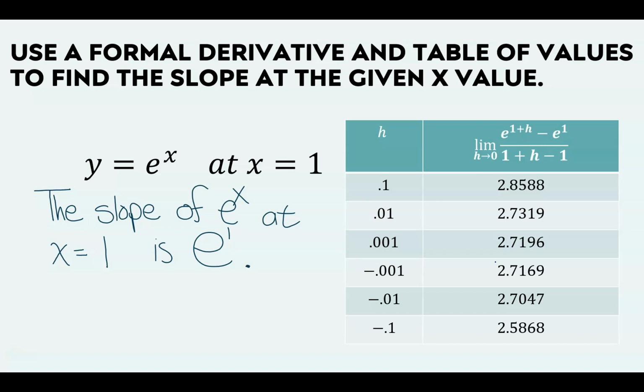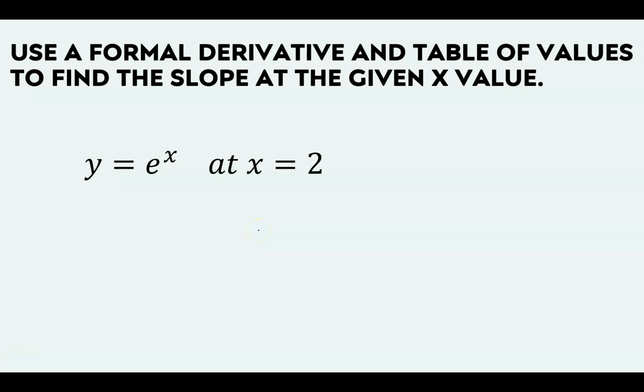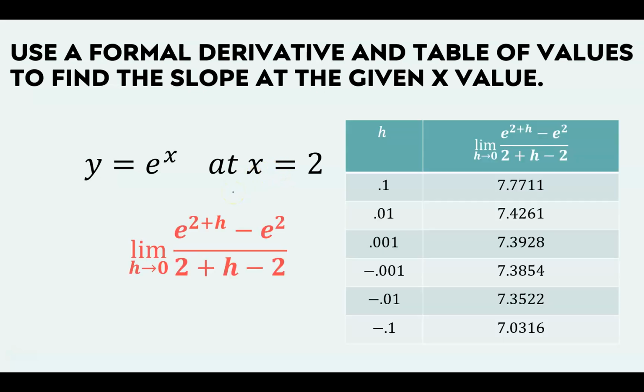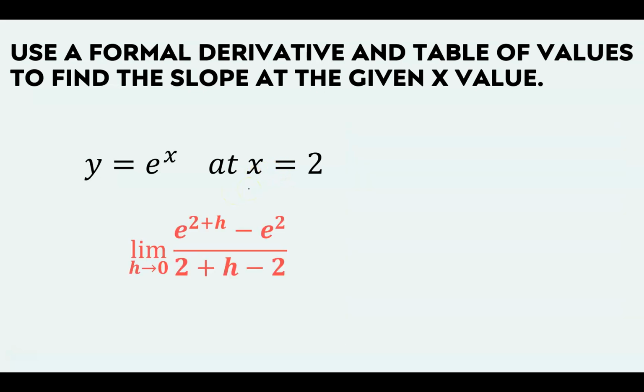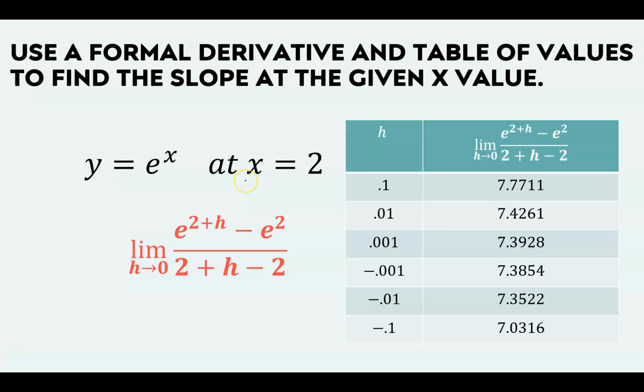A few more digits of that, I don't, but I have a 2.718281828, or whatever it is. Okay, so maybe you have a little hypothesis here. So one more time, formal derivative, limit as h goes to 0 of e to the 2 plus h minus e to the second power, over 2 plus h minus 2.